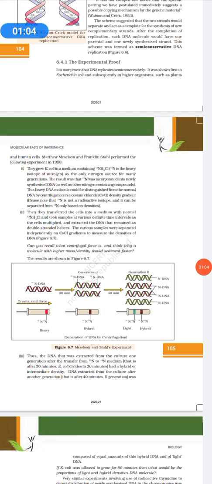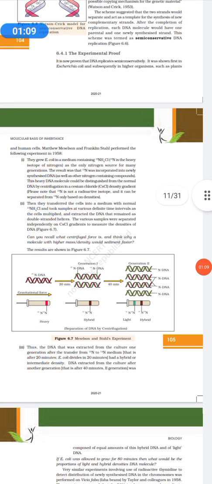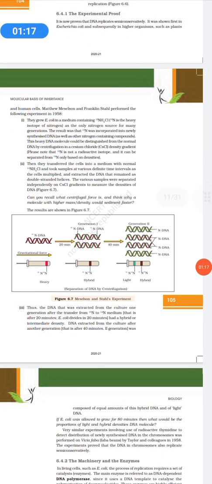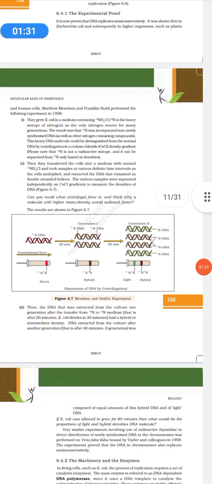It was shown first in E. coli. Matthew Meselson and Franklin Stahl performed this experiment. They grew E. coli in a medium of ammonium chloride, that is, a radioactive heavy isotope, N15, which got incorporated in the newly synthesized DNA.